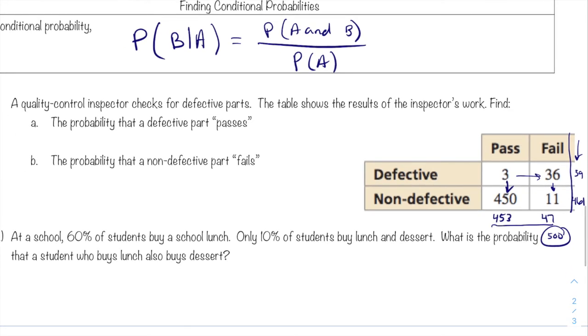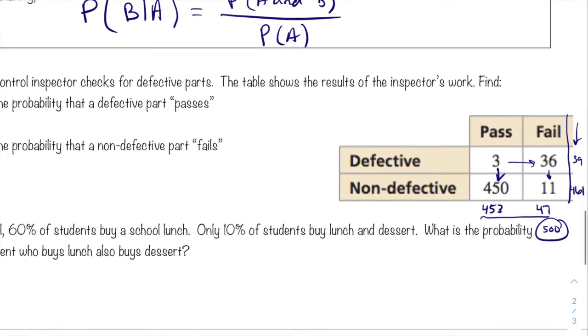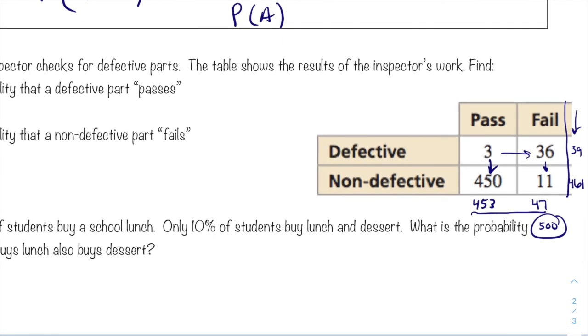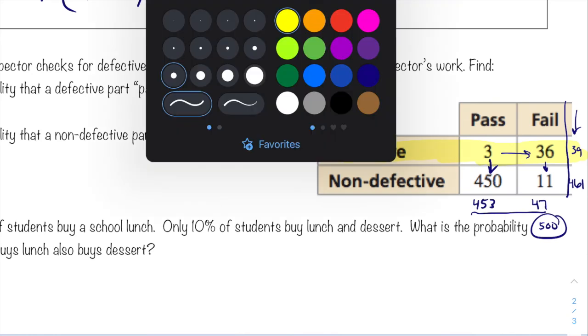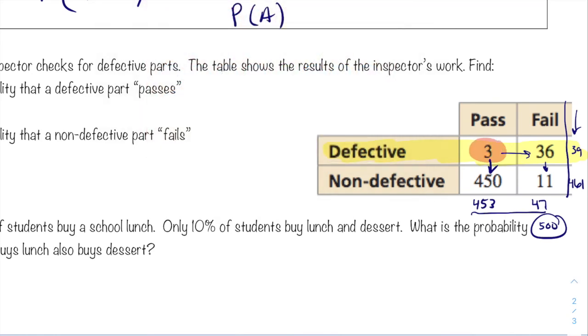So when we look at the probability of a defective part passing, we don't look at it out of this 500 over here. You look at the defective parts, and then you look at the passing.